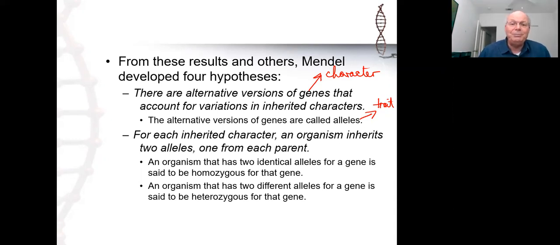If they do have the same allele, then we refer to the individual as being homozygous. Remember, homo is the prefix for the same. If the alleles are different, then we say that the individual is heterozygous, two different alleles.